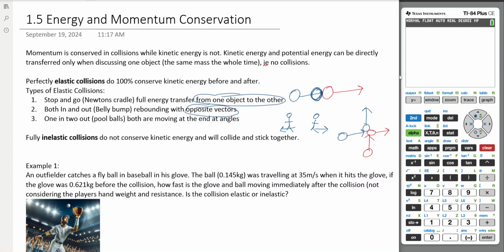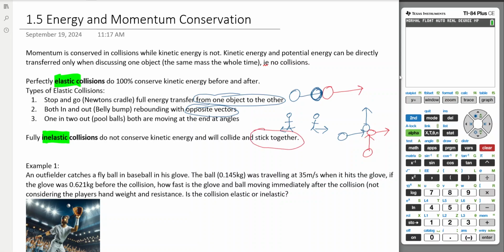Fully inelastic collisions, so the opposite of elastic must be inelastic. Inelastic collisions do not conserve kinetic energy and will collide and stick together. So if it is a fully inelastic situation, they will stick together. That's the big idea.